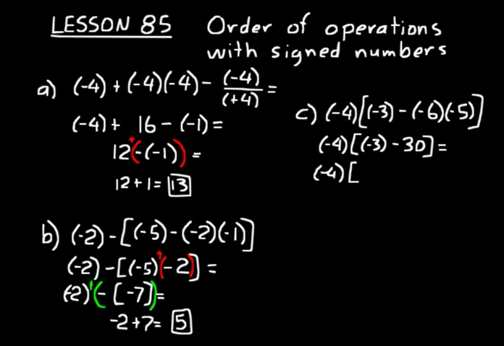And then do the addition there. -3 minus 30, or in other words, plus a -30. -3 plus a -30 is -33. Now all we have left is multiplication of -4 times -33, which would just turn out as a positive 132.